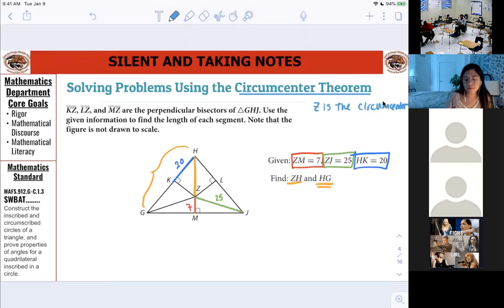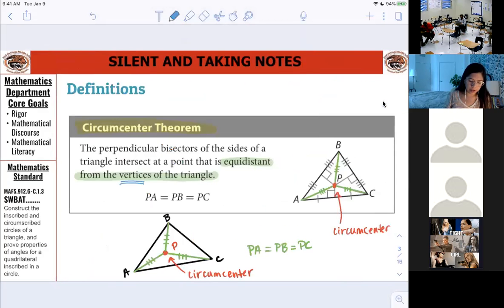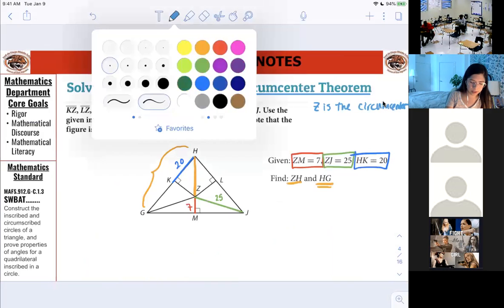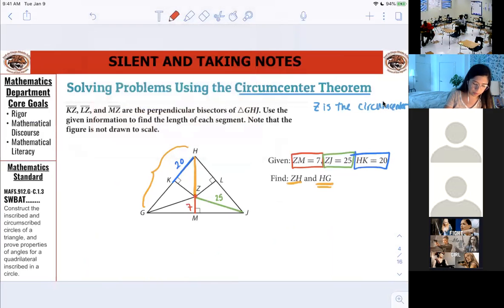What was the question? So again, if the circumcenter is equidistant from the vertices, keyword vertices, what three places is this circumcenter equidistant from? J, H, and G. Right.